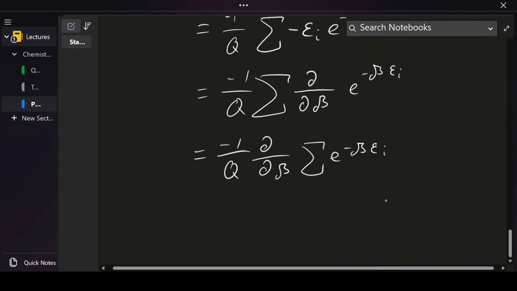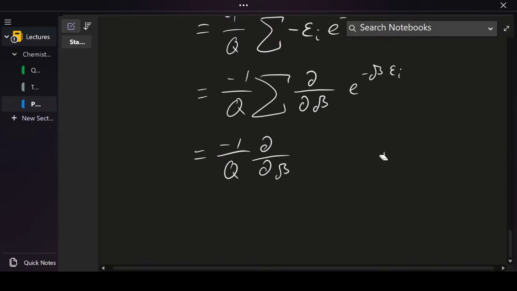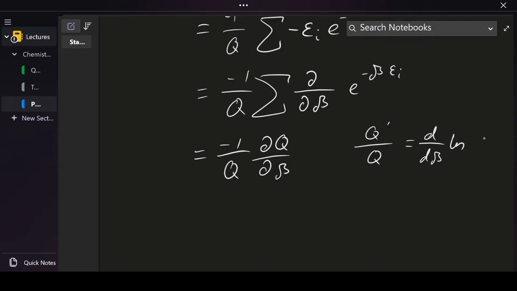And what you'll find is this sum is just Q. So you end up with this. And whenever we have a function, the derivative of a function divided by the original, this is equal to the derivative of the logarithm.